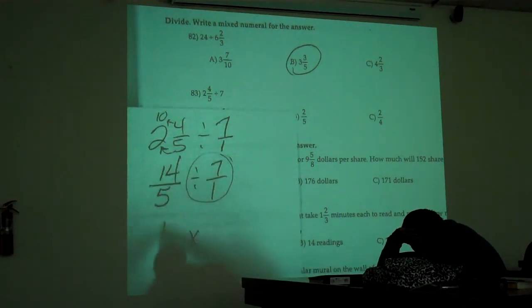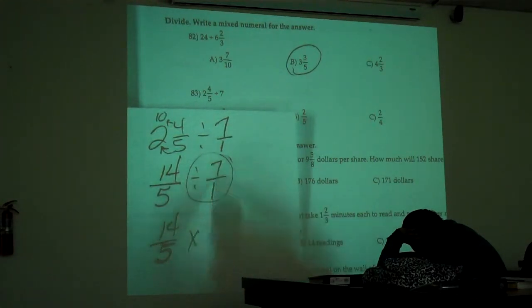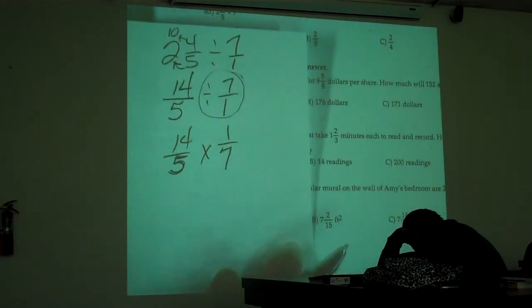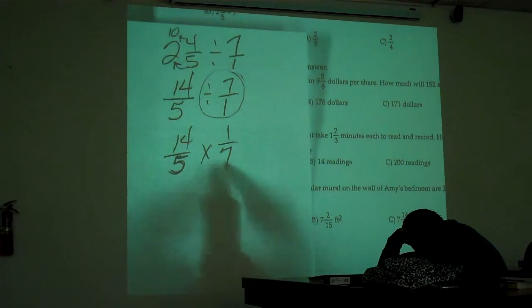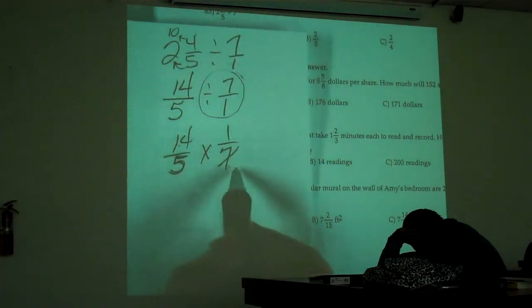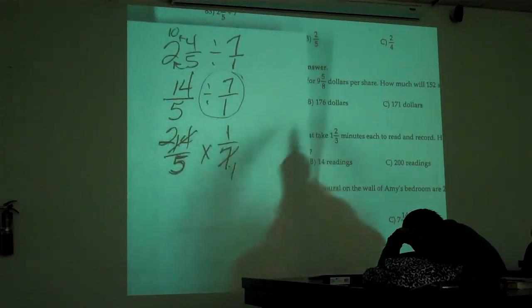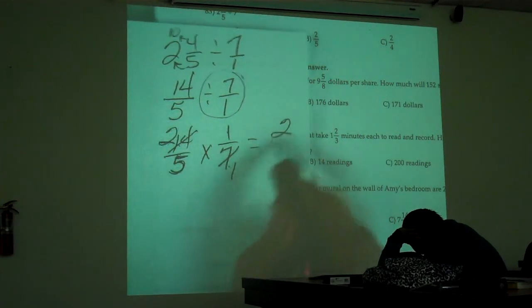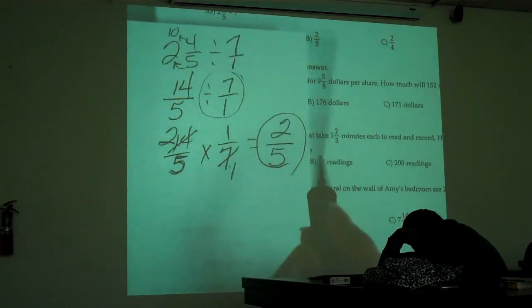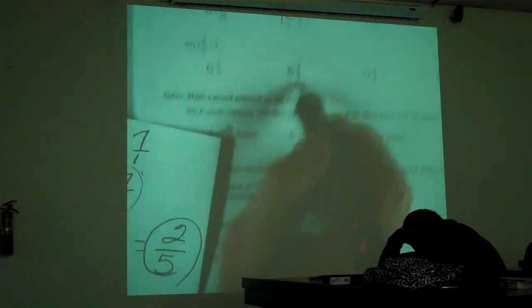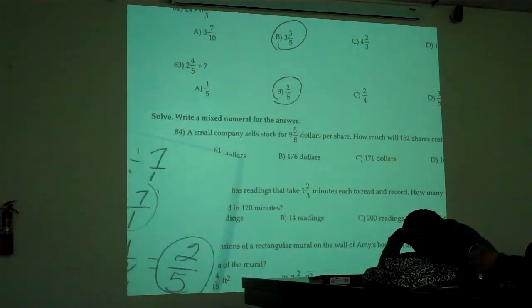You always leave the first one. Don't do anything with that first one, once you have it improper. Flip it, have 1/7. Now what are we gonna do? Cross divide. Divide by 7, divide by 7. 2 times 1, 2, 5 times 1, 5. That's as far as you can go, 2/5. And so that answer is B.